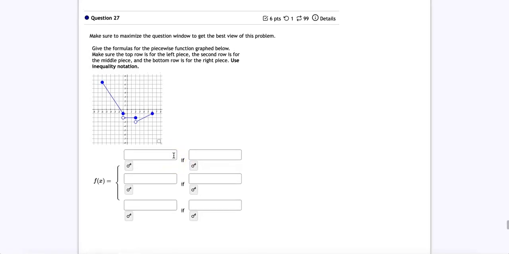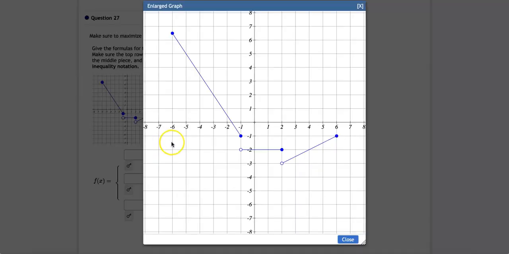So let's work through this. First, what we want to do is just zoom in a bit here. And I can see that my first segment is going from -6 to -1 in the domain. And I can see that it's going to have a solid dot at -6 and a solid dot at -1. So I'm going to use less than or equal to for these.